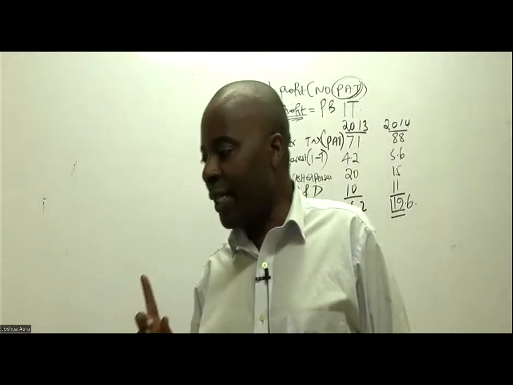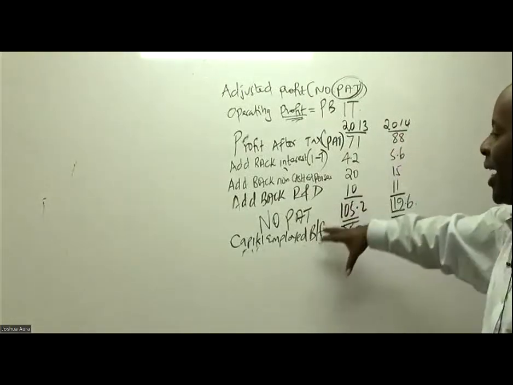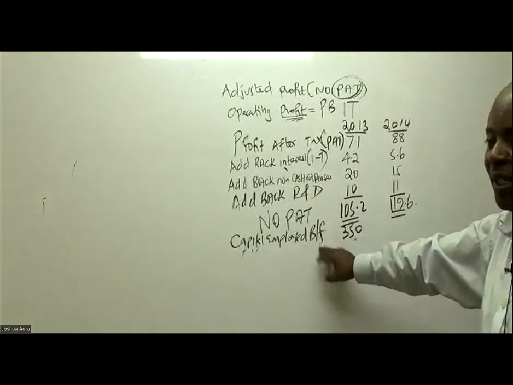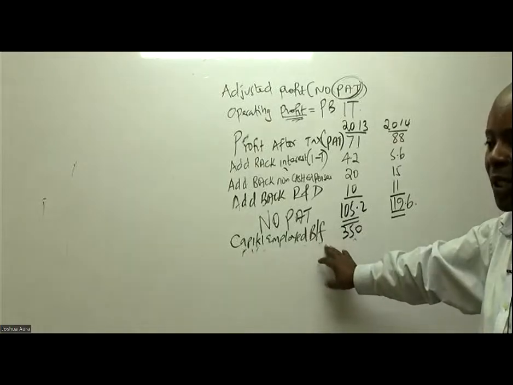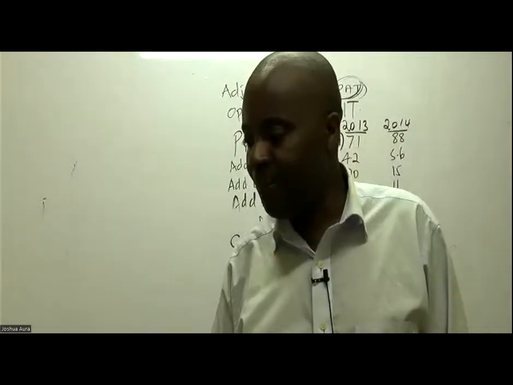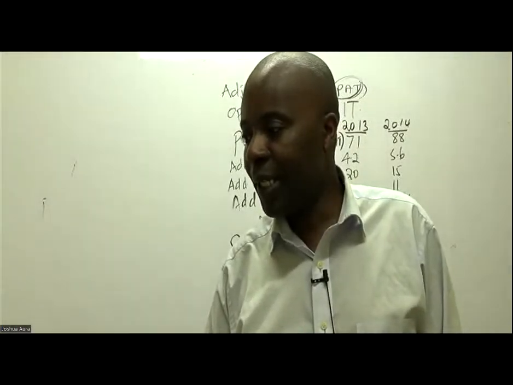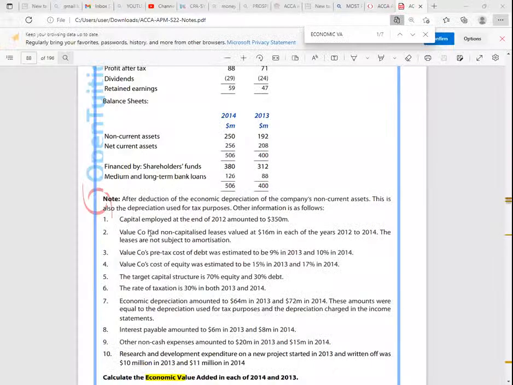I don't know why Jackie has run out again to pick profits. Profits are not the same as net assets. Net assets are found in the balance sheet. Jackie, the capital employed, which was brought forward here into 2013, is given here. You can see here, capital employed at the end of 2012, which of course marks the beginning of 2013, is 350, right?